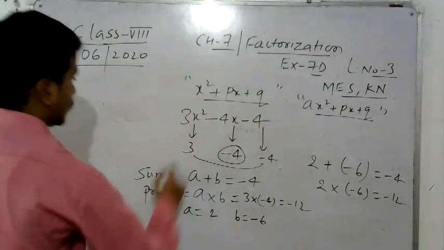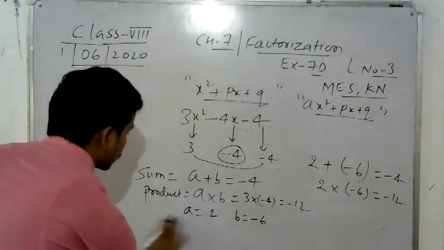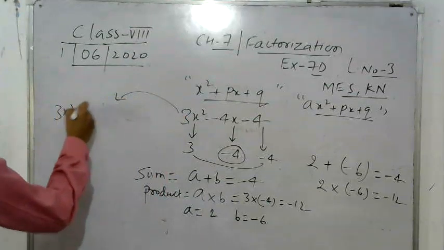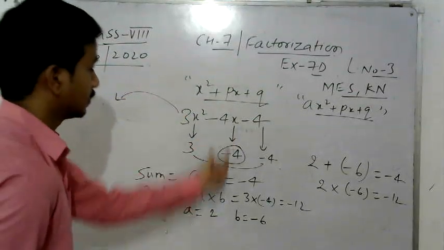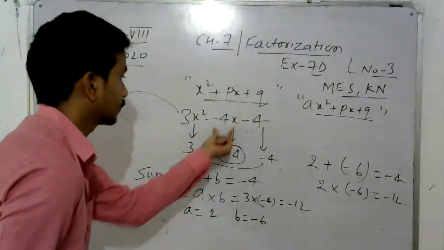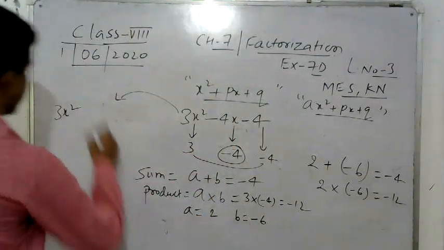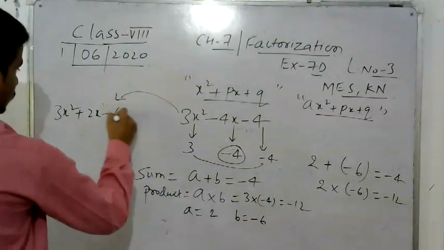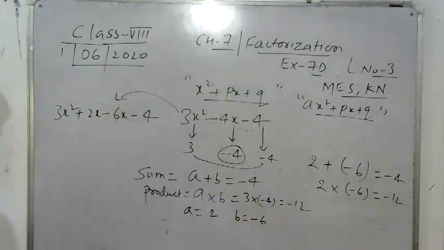Now I can write 3x square, and I can split the middle term as the sum of these two. I can write minus 4x as 2x minus 6x, minus 4.